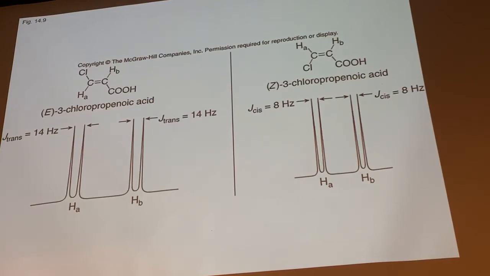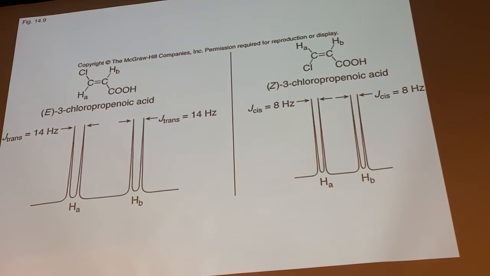We could pick these hydrogens out easily, right? The only other hydrogen is this carboxylic acid. That's going to be way downfield in the 10 to 12 range. And so the one that had the larger J value would be the trans isomer, or the E isomer. The one that had the smaller J value would be the cis isomer, or the Z isomer. So it'd be very easy to tell those two compounds apart based on the coupling constants, or the J values.